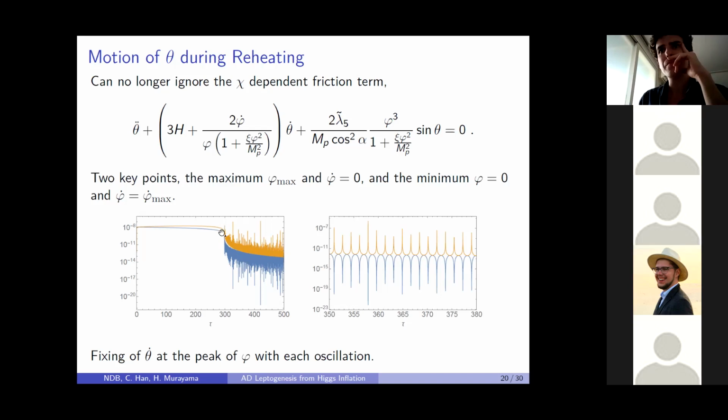What we find is that it tracks this nice behavior the whole time, but when you get into this reheating regime, you end up getting this large oscillation from phi being transferred into theta dot. And here I've zoomed in to show the behavior.